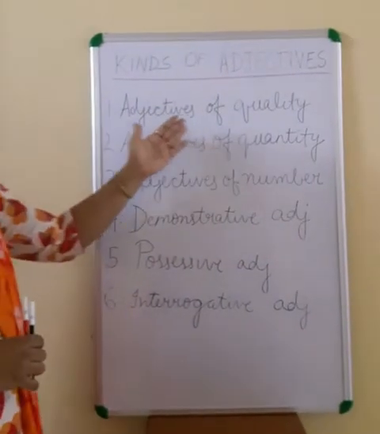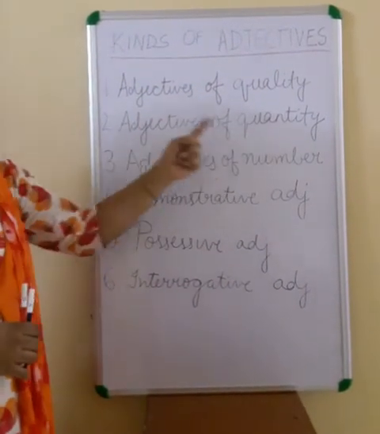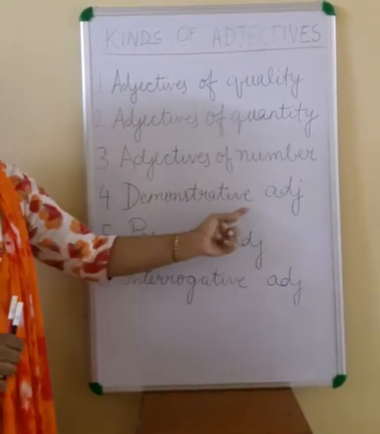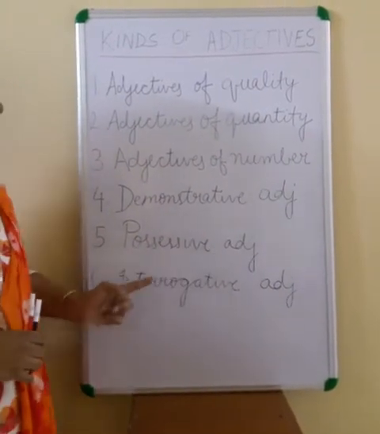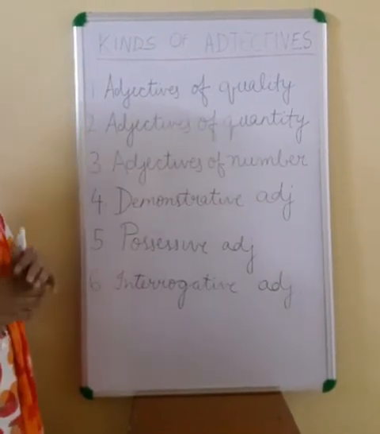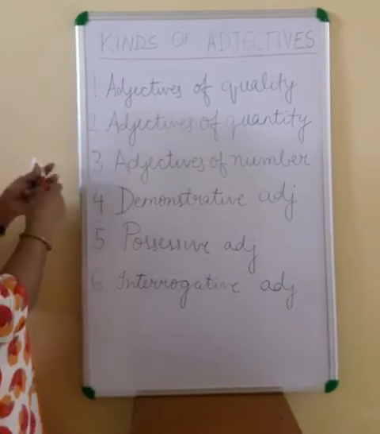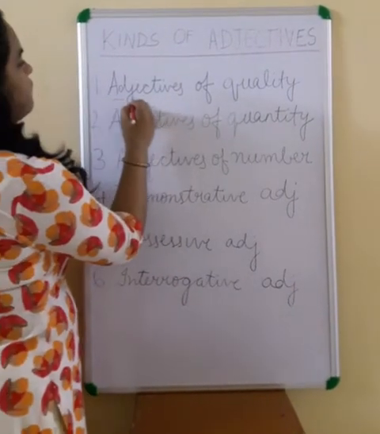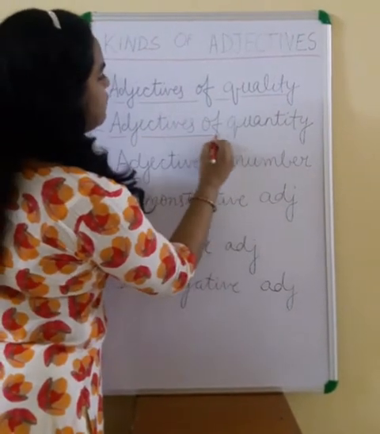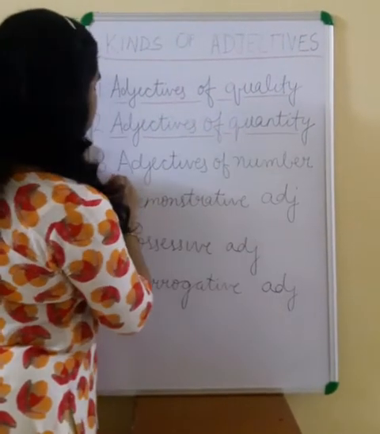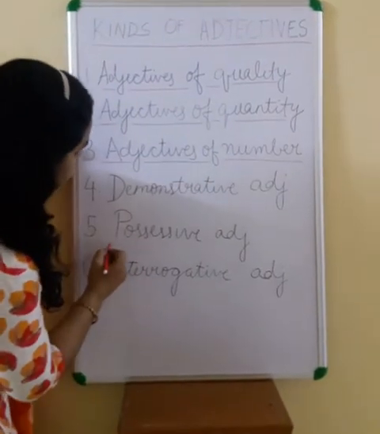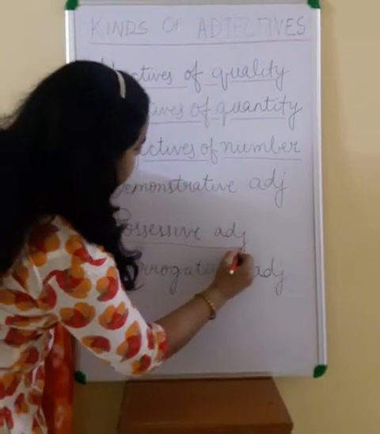First, adjectives of quality, adjectives of quantity, adjectives of number, demonstrative adjective, possessive adjective and interrogative adjective. But today we will learn only about adjectives of quality, adjectives of quantity, adjectives of number and possessive adjective.